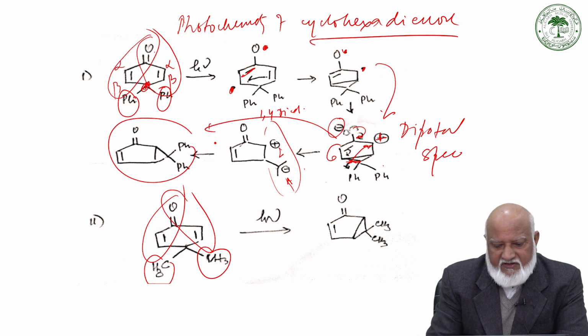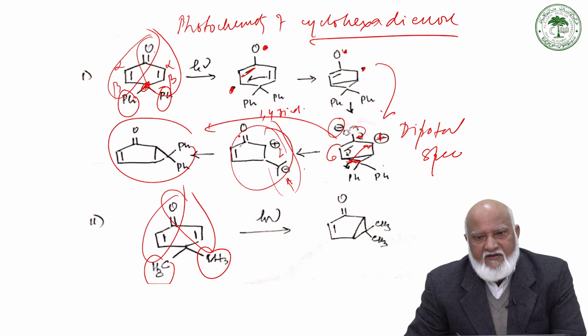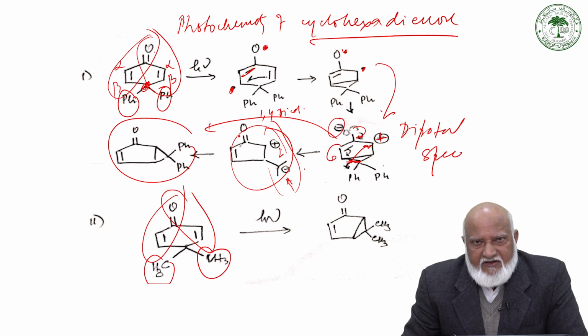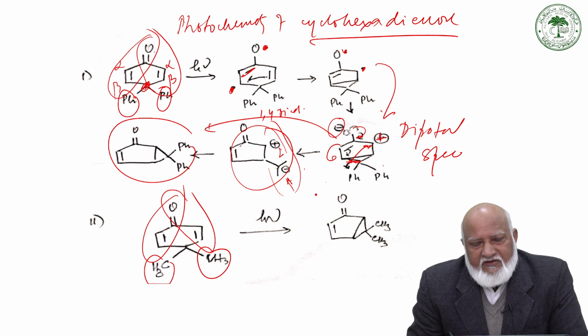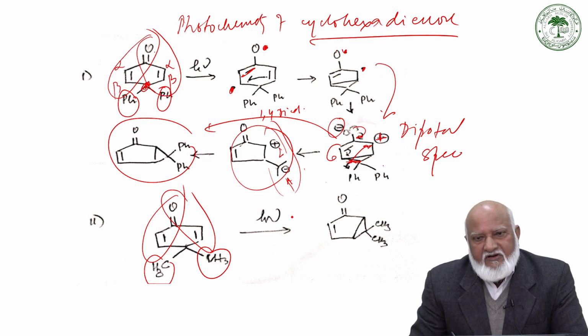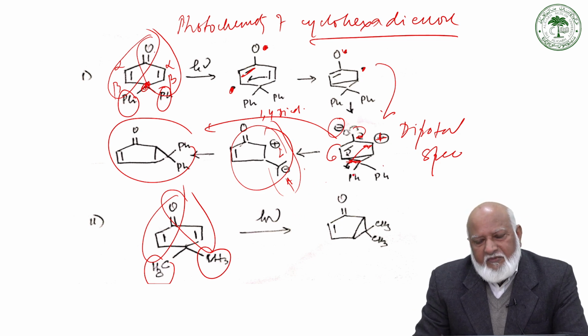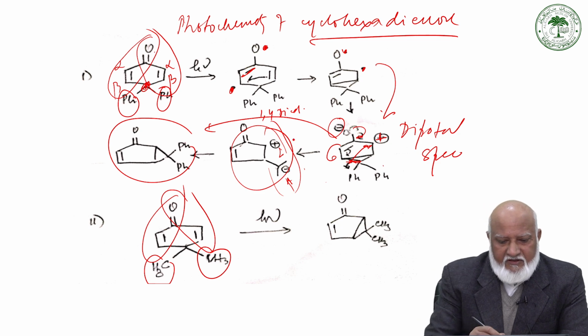So you can directly go to this. This is just shown to make it understood that when this bond cleaves it generates a dipolar species, but it will definitely take place with simultaneous cleavage as well as formation of the double bond.